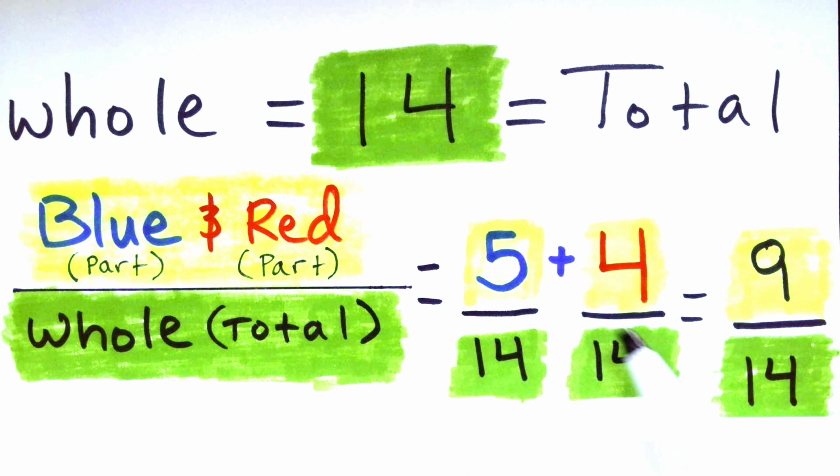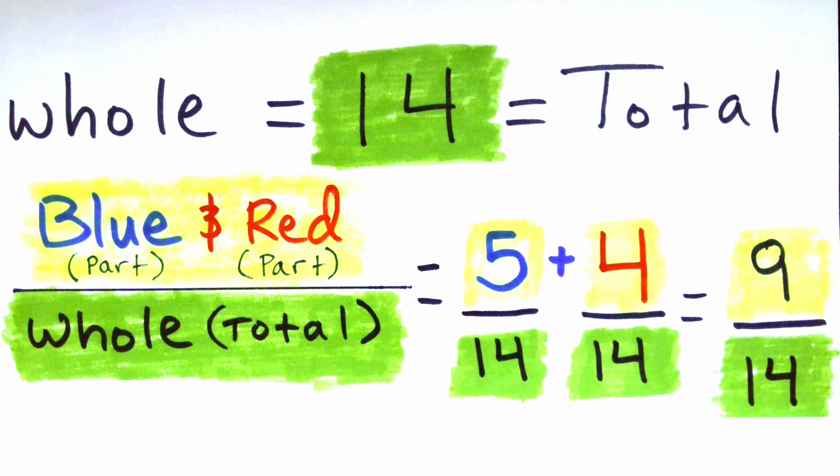Until the denominators are the same, you have to wait on adding the numerators, the top part of the fractions. But since we know 5 blue out of 14 total coins, plus 4 red out of a total of 14 coins, then we can add the numerators, 5 plus 4. What's 5 plus 4? It's 9, and the denominator stays the same, 9/14.